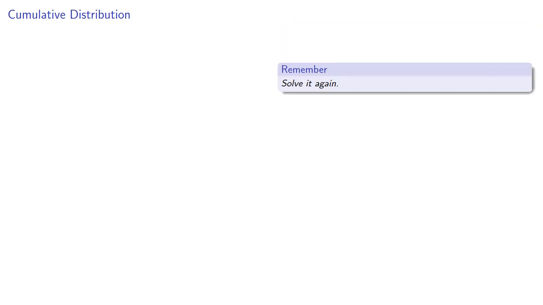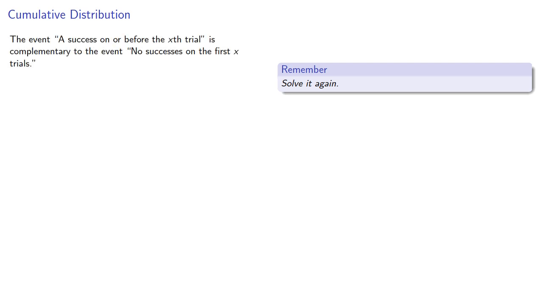So again, a useful strategy for learning math is to solve it again. So let's try and find our cumulative distribution function another way. The event a success on or before the xth trial is complementary to the event no successes on the first x trials.